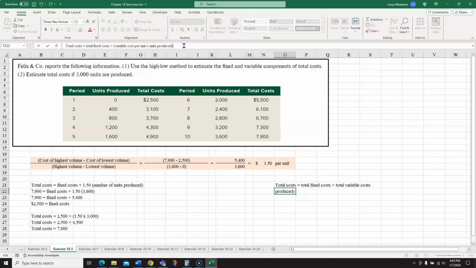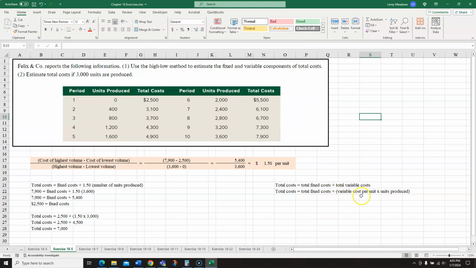And that's how I can figure my total costs if I just have my variable cost per unit and my total fixed costs. Then as long as I have my units produced, at what level of activity, I can figure out my total costs.